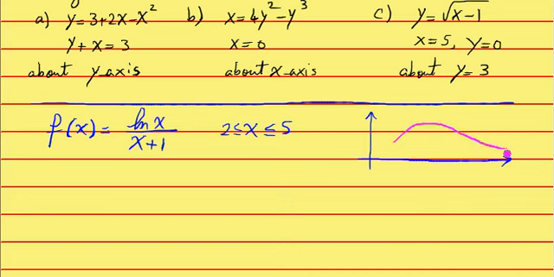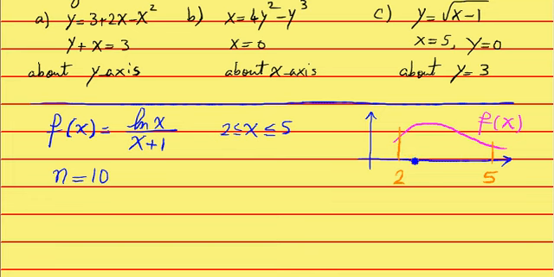Some sort of function like this. So this is f of x. Our region of integration is from 2 to 5. We are taking n to be 10. That means from 2 to 5 we are supposed to split it up into 10 panels.